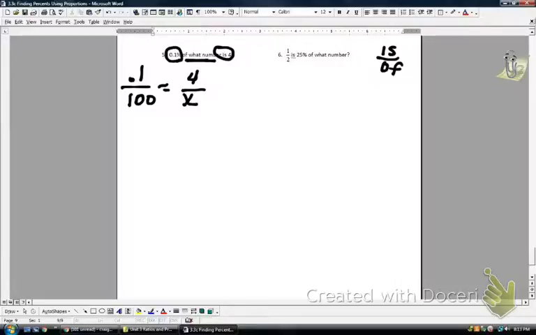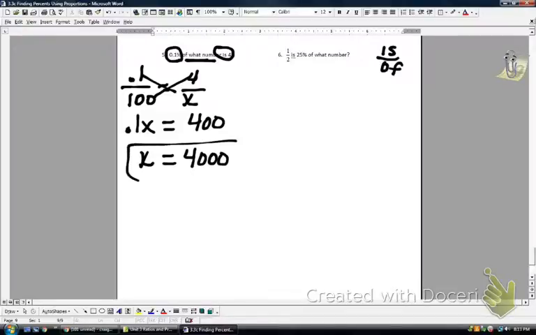I don't know, so a variable goes on the bottom. 0.1 times x is 0.1x. 4 times 100 is 400. Divide both sides by 0.1. Then x equals 4,000. I'm using a calculator to solve these, so a calculator is very helpful.